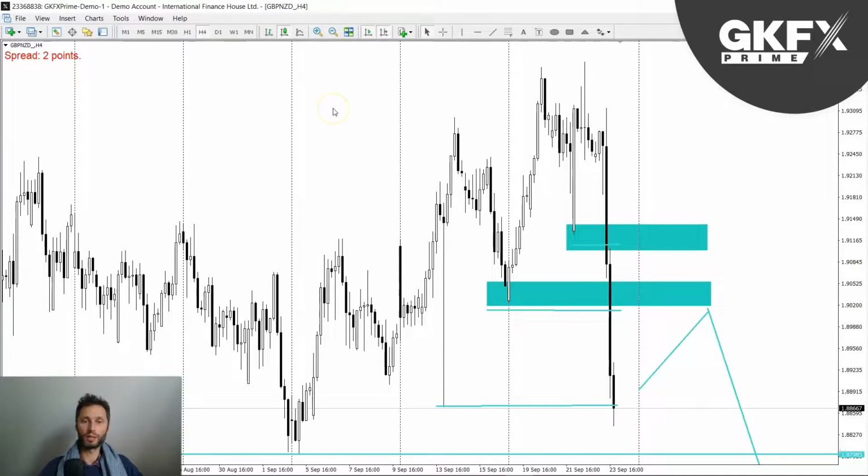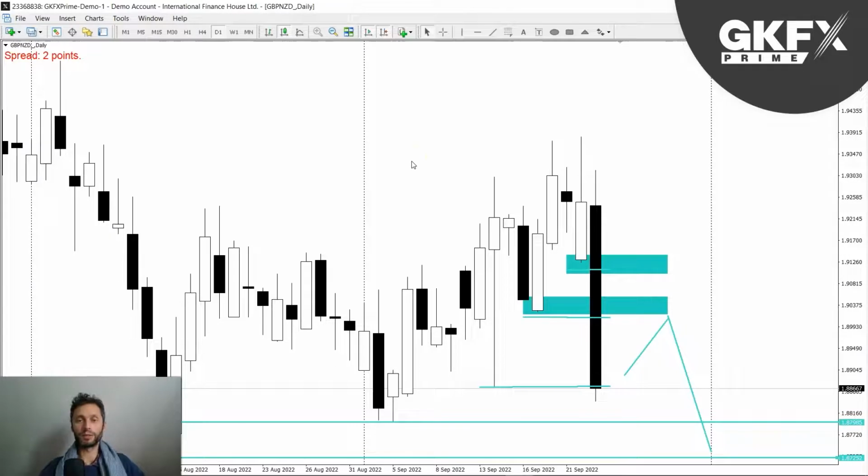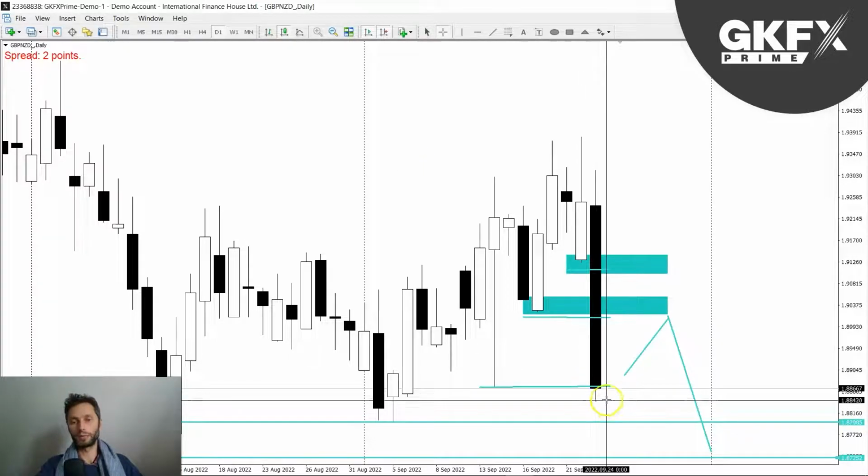So I want to be especially careful here and look for the right scenario, whatever confirmations and price action we see when the market gets there. If it gets there, it may not even get there. It may just completely drop.